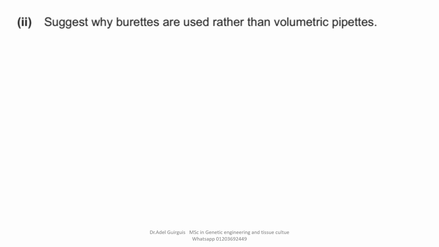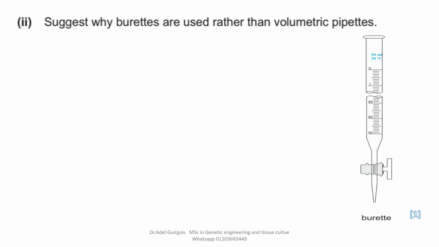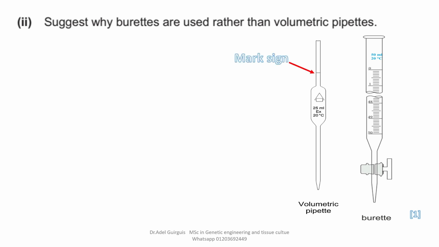Now suggest why burettes are used rather than volumetric pipettes. Why do we not use volumetric pipettes? What's the shape of a volumetric pipette? Do you know? Here, this pipette. A volumetric pipette we use in the lab to dispense a fixed volume of solution. Look at this mark, this indicates 25 ml of solution taken.